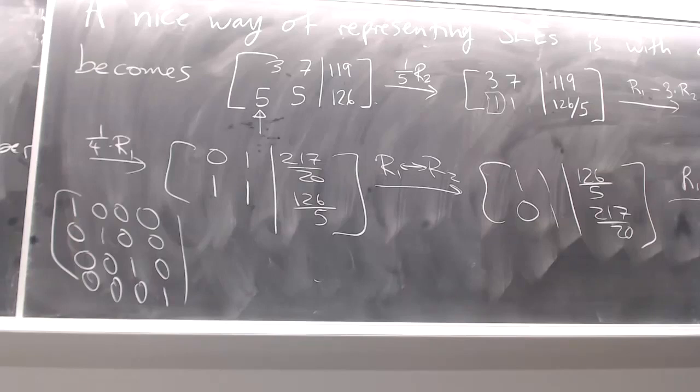These three operations are called the elementary row operations. So switching two rows, multiplying by a constant, adding a multiple of one row to another, those are the three elementary row operations, and together they form this Gauss-Jordan elimination method. So if you're asked something about elementary row operations, that's what it means. These three things.